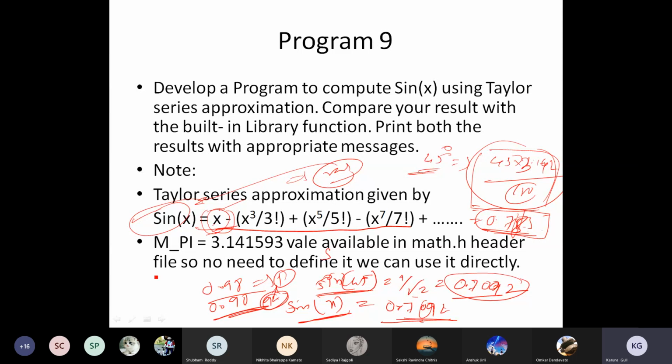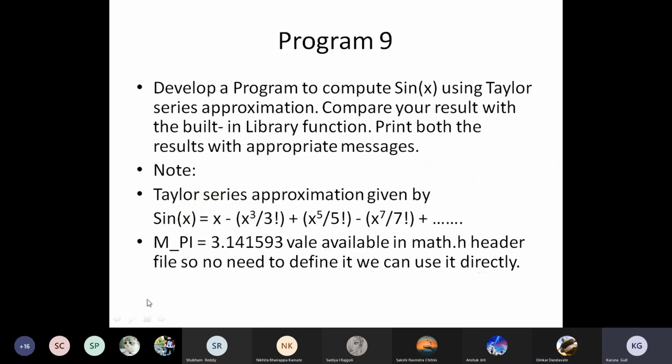I hope I'm making it clear to everybody. We have a habit of taking more terms. More terms means we are moving towards accuracy. Clear, students? Yes, ma'am. Any doubt, please don't hesitate to ask.